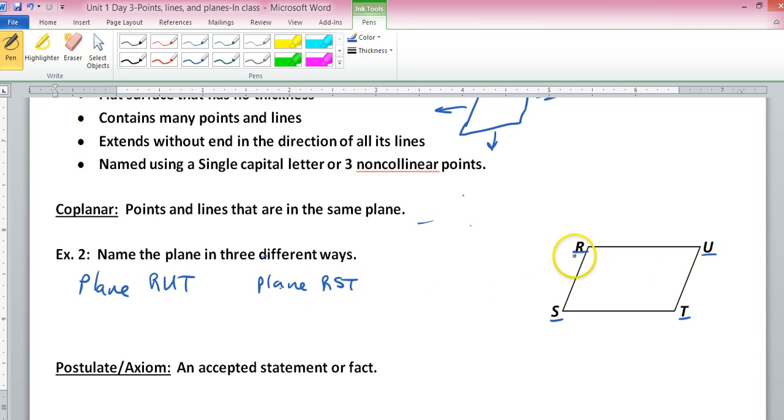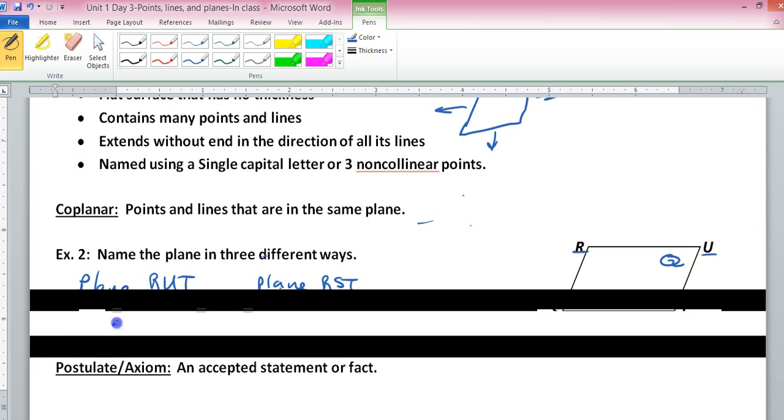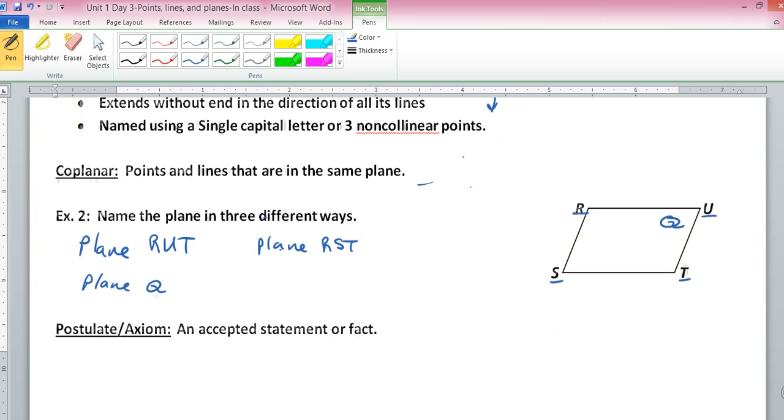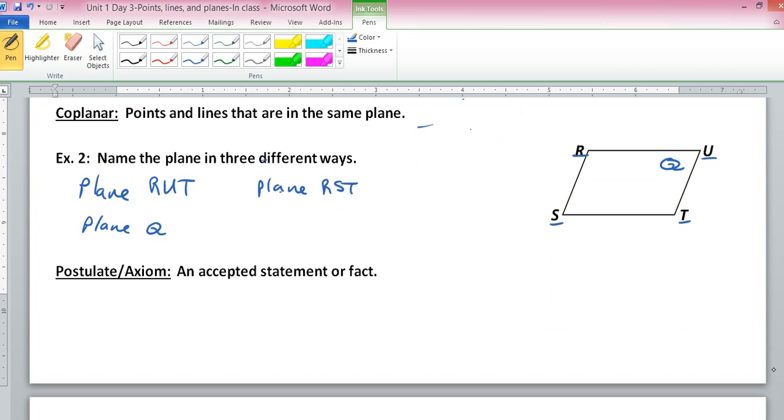And as you continue, you can go TSR, you can go RST, you can go STU, you can name it many different ways. But you'll also sometimes see a capital italicized letter that does not represent a point. If a plane has that, you can shorten it and just say plane Q. You can only do that if it has that italicized capital letter that does not represent a point.